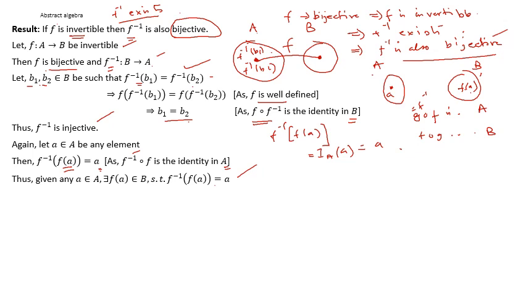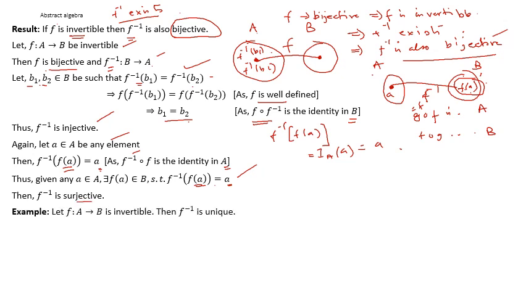That means f inverse is a mapping from B to A. The domain of f inverse is B and the codomain is A. So for any element of the codomain, there is a pre-image f of a. So f of a is the pre-image of a under f inverse, and this is true for any arbitrary a belonging to A. So the map f inverse is onto, that means f inverse is surjective.